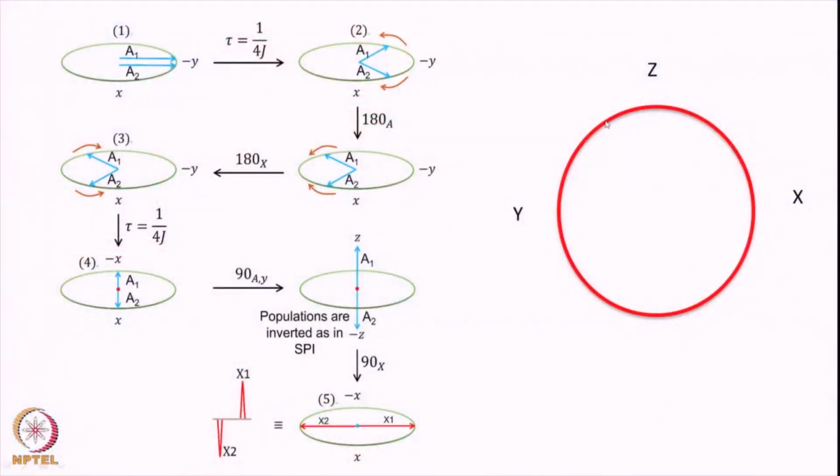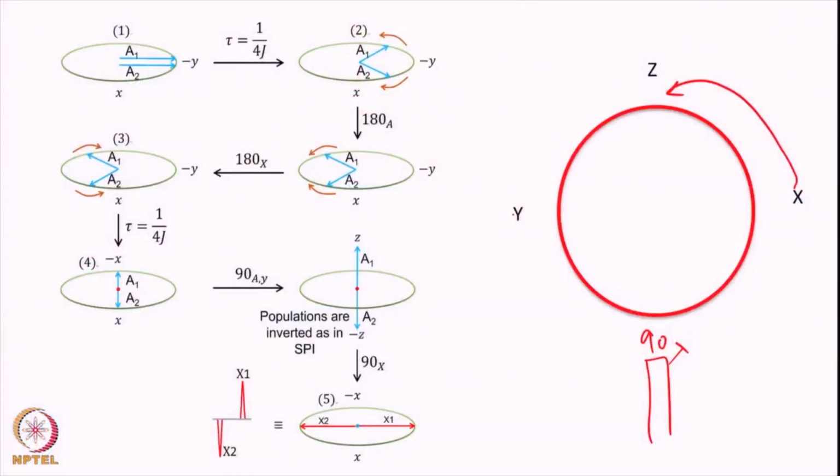Now here I have drawn a circle, and I have written z, x, y. The first thing we are doing is applying a 90 degree X pulse on the A channel. Initially the magnetization was in the Z direction, and we applied an X pulse. If it is moving anti-clockwise, it is a minus, and if it moves clockwise, that is a plus.